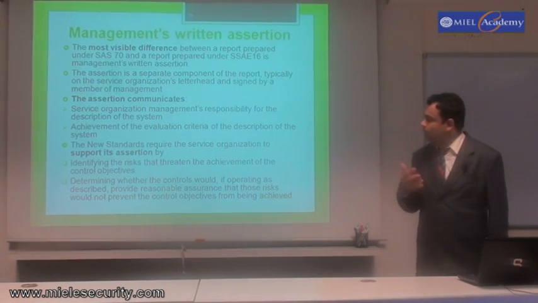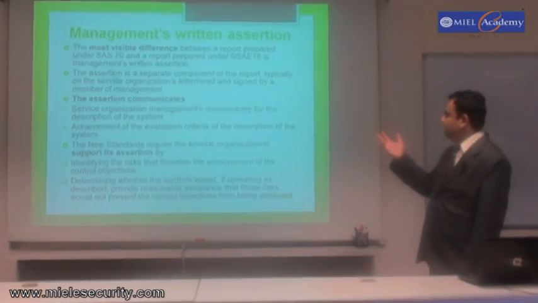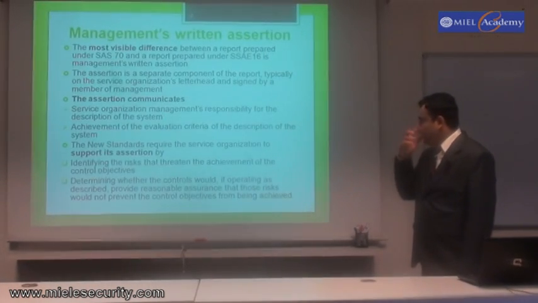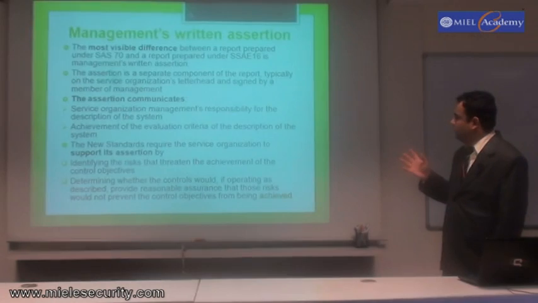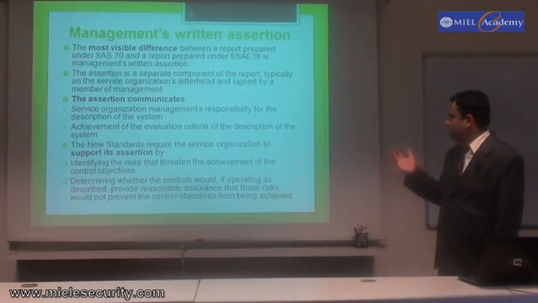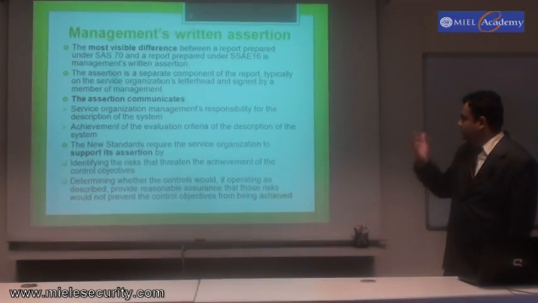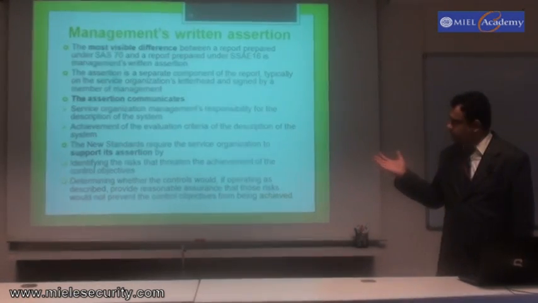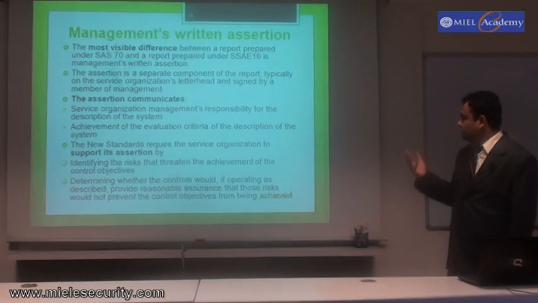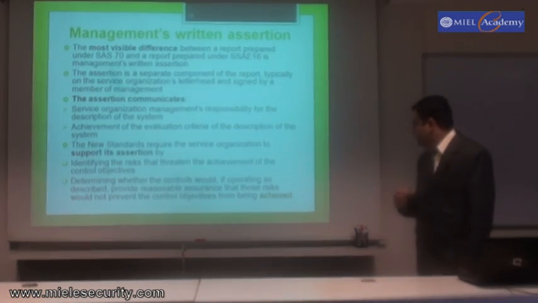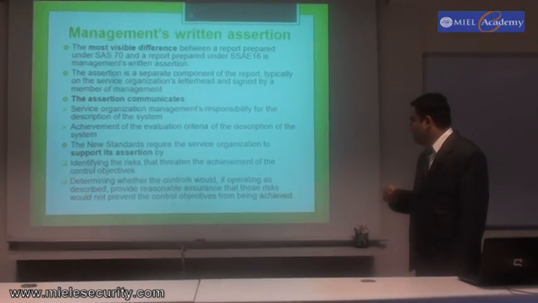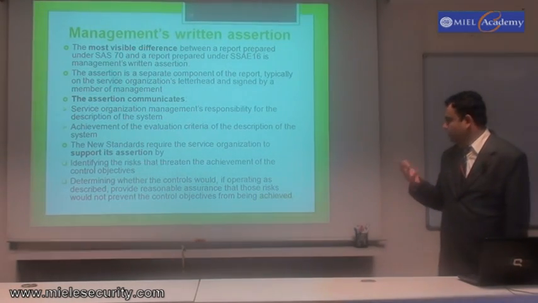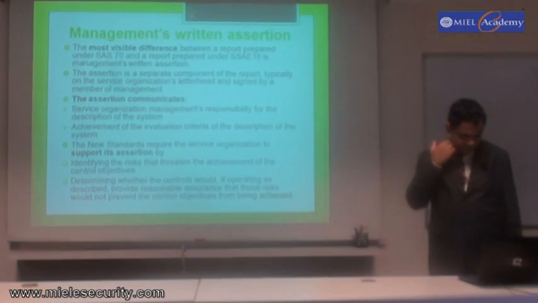Basically, it ensures that management is responsible for the description of the system and that the required evaluation criteria are taken care of. It makes the service organization identify the risks that threaten the achievement of the control objectives, and it provides reasonable assurance that those risks would not prevent control objectives from being achieved.